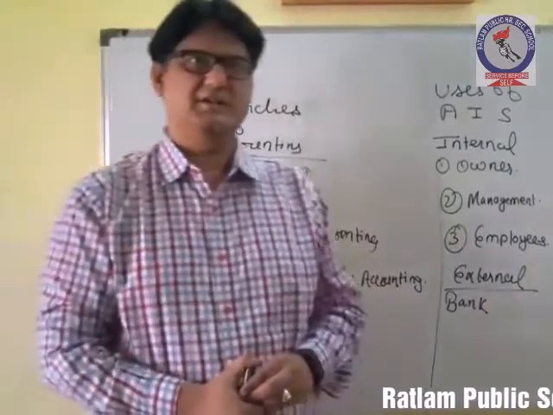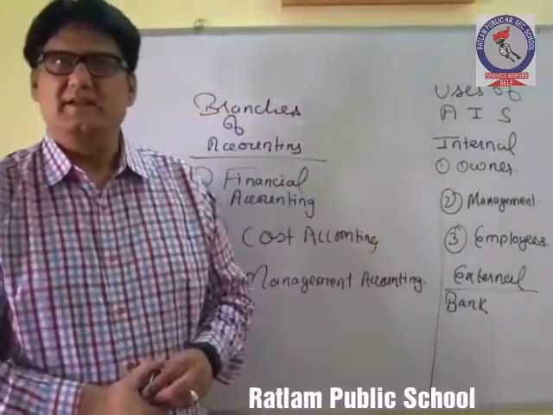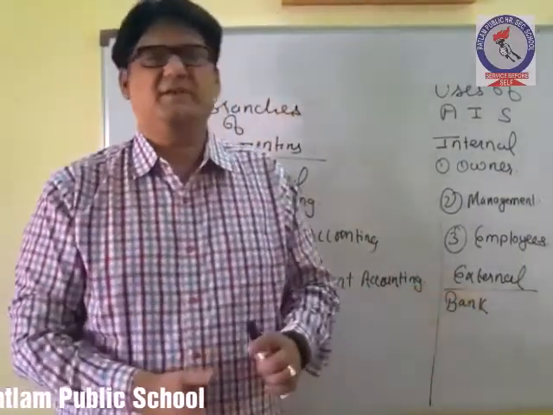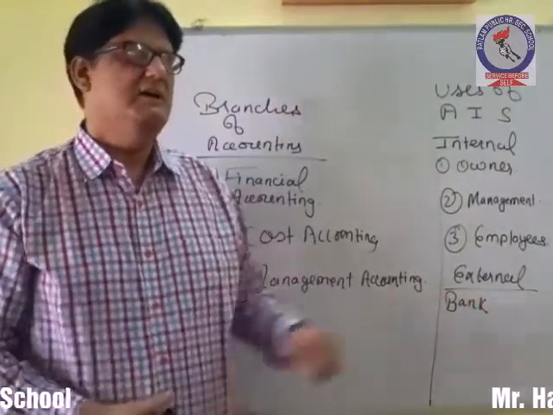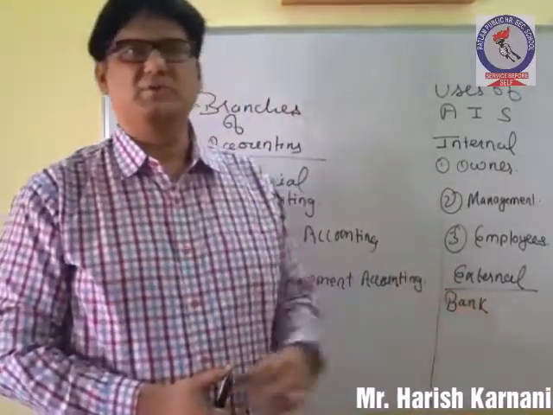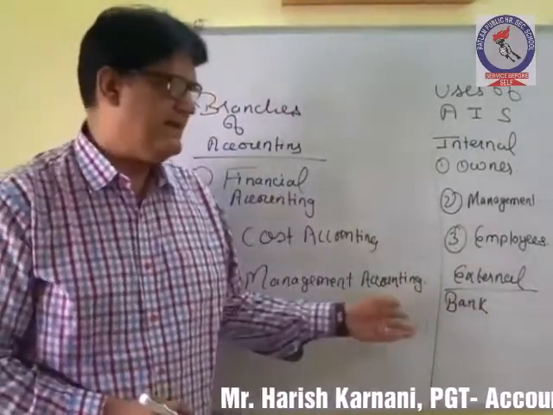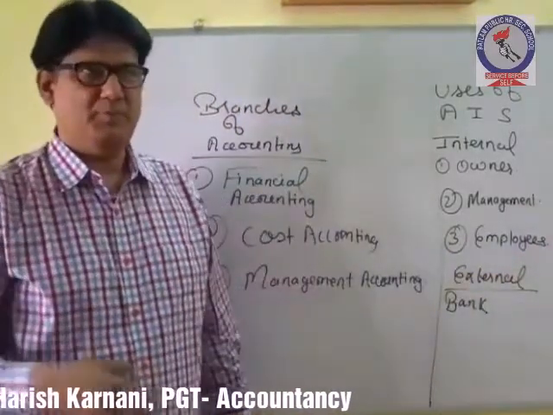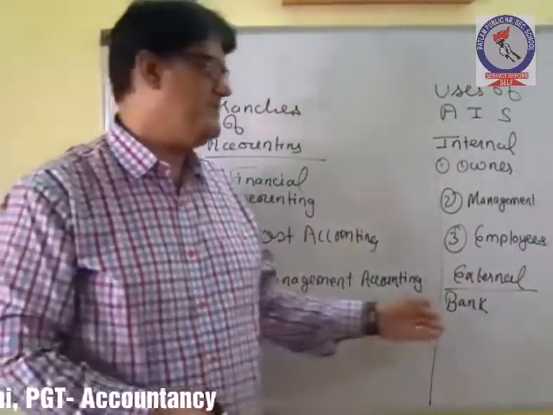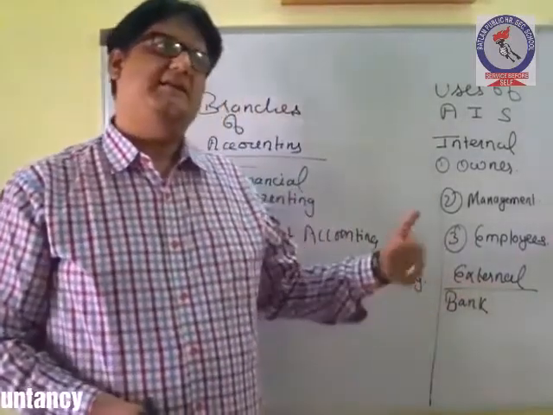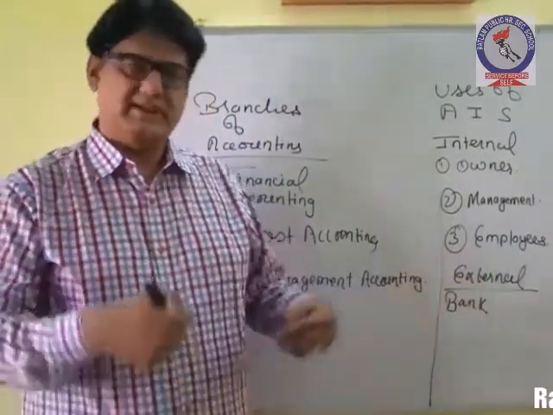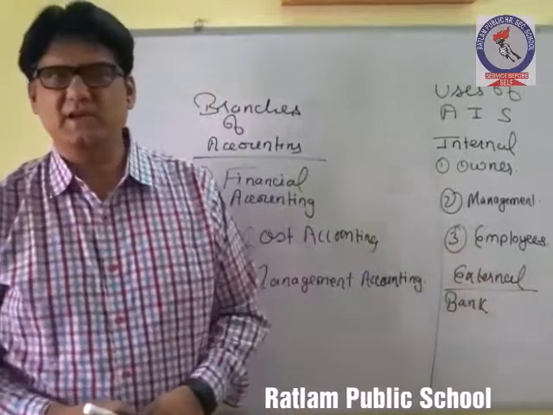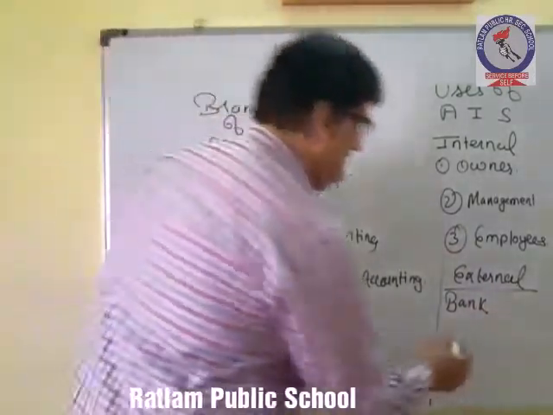Banks or financial institutions are interested in the accounting information so that they can analyze whether the loans which they have given to the businessmen are being used in a proper manner or not, they are getting the proper return by investing that money, and whether they will be able to pay their interest on time and the principal amount on time. And again, if they have to give some new loans, they want to go through the financial statements of the businessman.